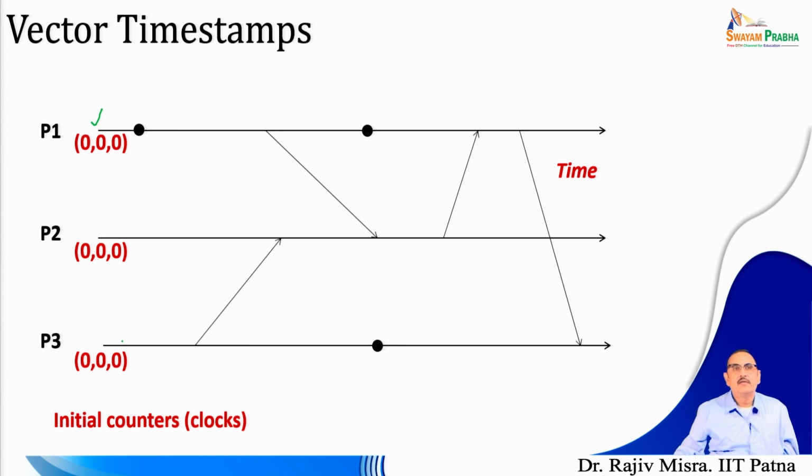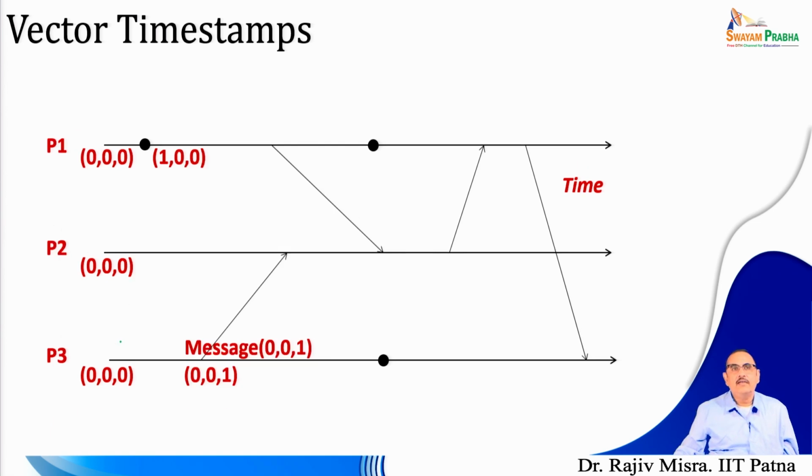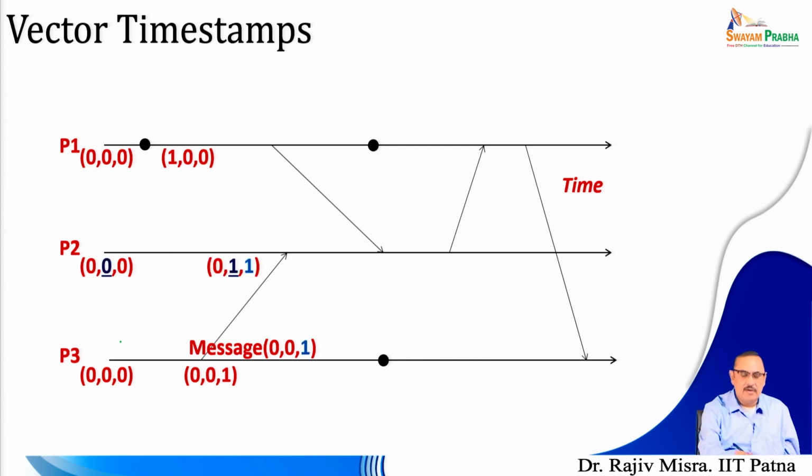And as a process increments its values, these particular values are being updated. These are the internal events, so the internal clock will be updated, and when the events change, it will update its local clock in this particular manner.